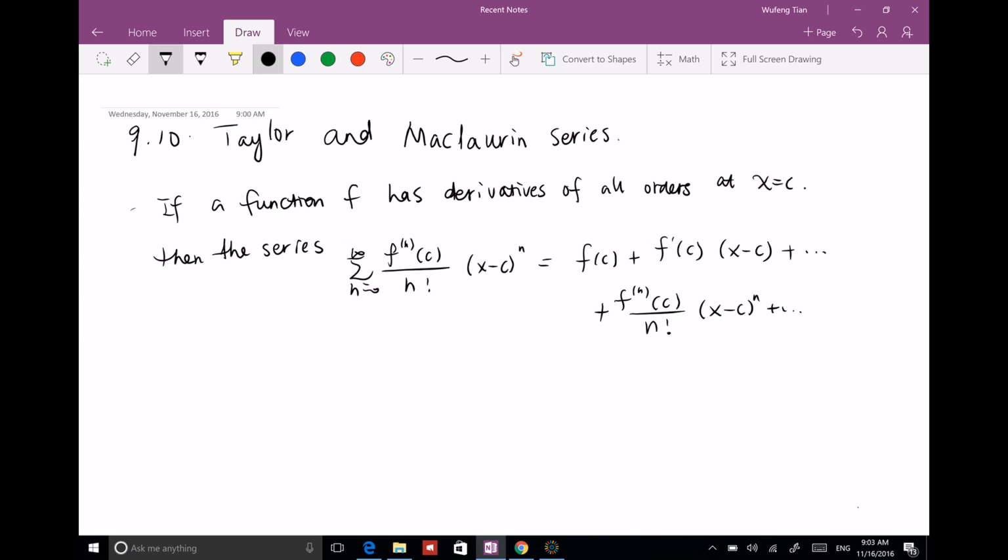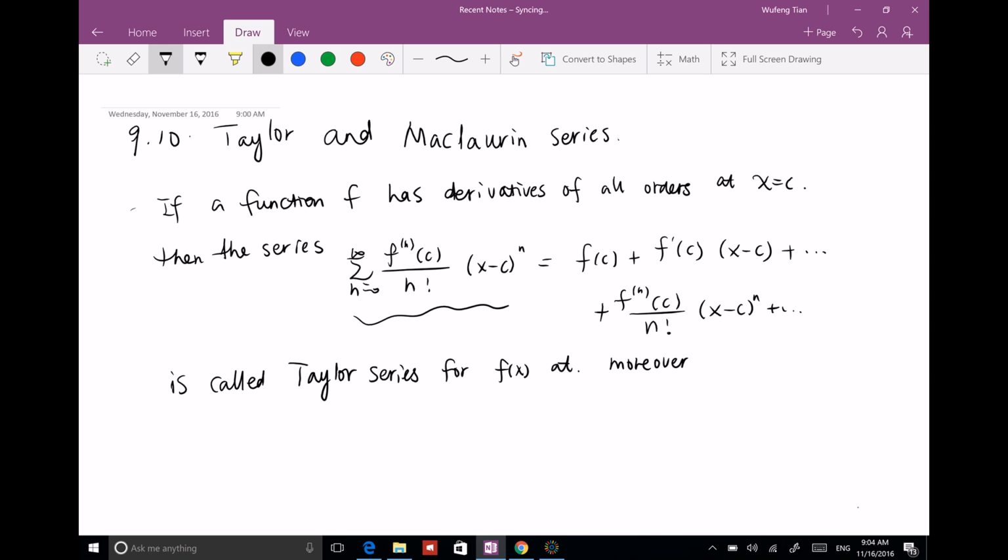The Taylor expansion is called the Taylor series for f(x) at c. Moreover, this is a review of previous section work, I think the beginning of 9.8.